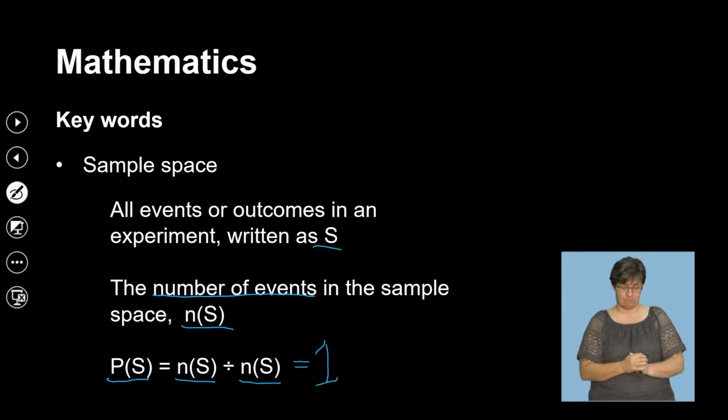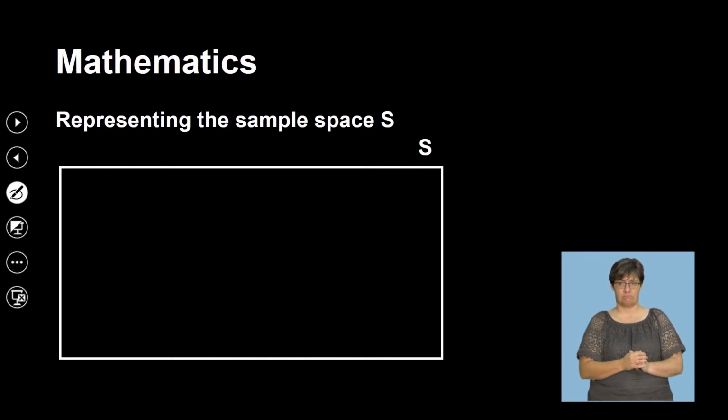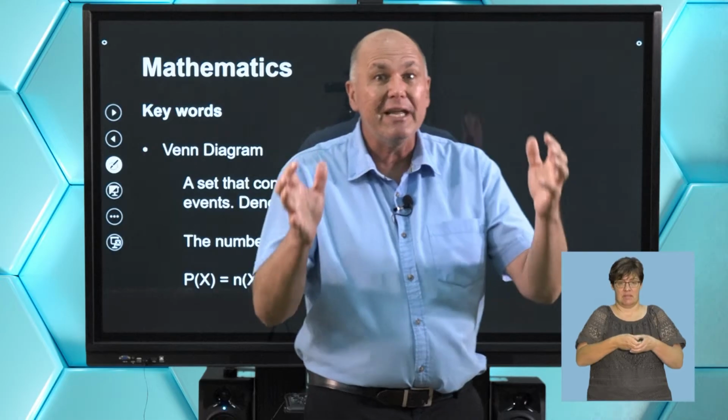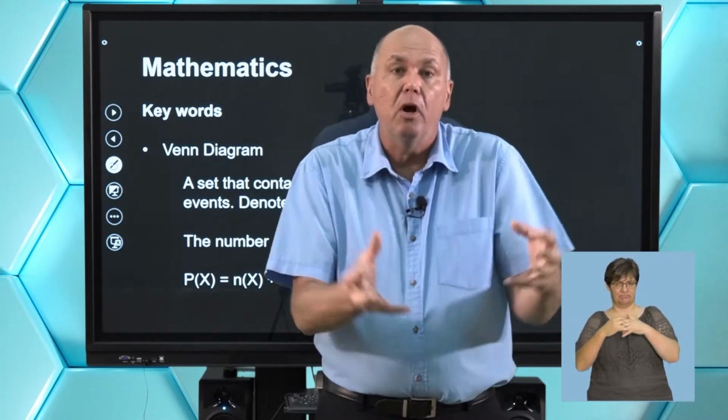Right, let's have a look at the next term. Representing the sample space, we do it in a space like this, where we say, let's use a rectangle, and we're going to call it S. Now, within that sample space, we can put in certain other sets, smaller components.